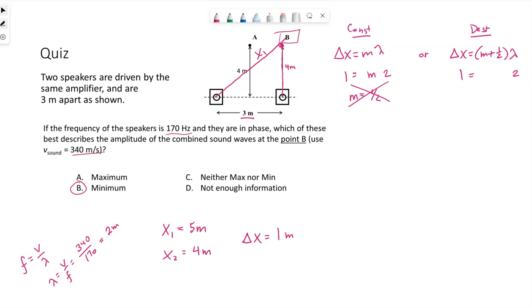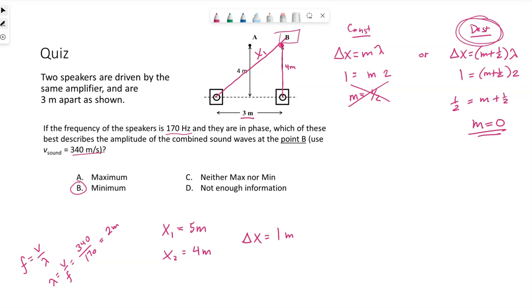In the case of destructive, if I divide the 1/2 over, I find that m is 0 in this situation. And this is allowed, so destructive interference is correct.